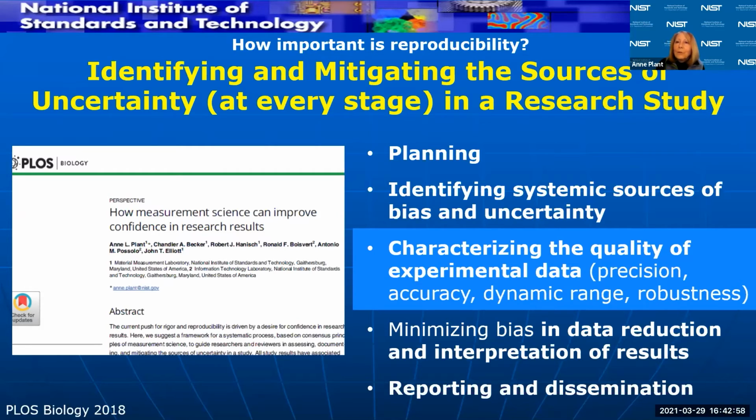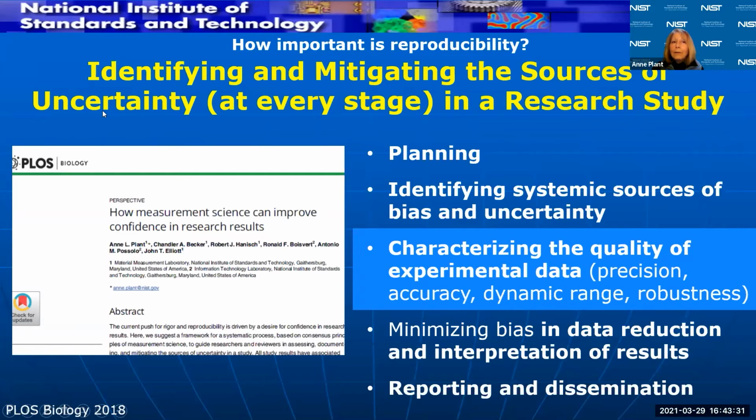Uncertainty is really what you want to look at as an indicator of the confidence that you have, or how you establish confidence in your research effort. There are always sources of uncertainty. Those are variables that you may or may not have control over. If you identify variables that you have control over, then you can mitigate those variables with some of those tools that I showed earlier, benchmarking materials, or design of experiment.